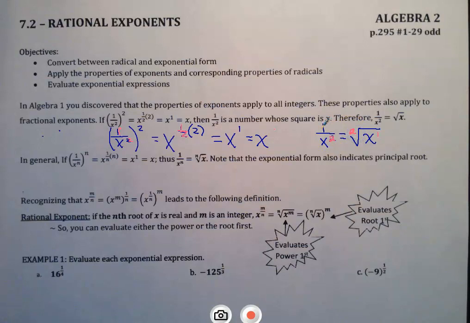And then we keep the power that's there to the power of 1, which is what they're saying here in general. So it's saying, well, x to the 1 over n power, it doesn't matter if it's a 3, if it's a 5, if it's a 12, is the same thing as the nth root of x.